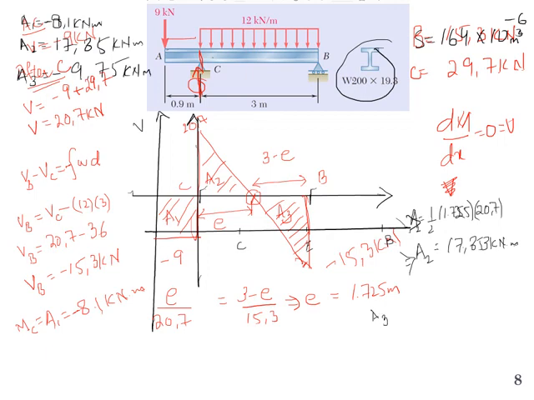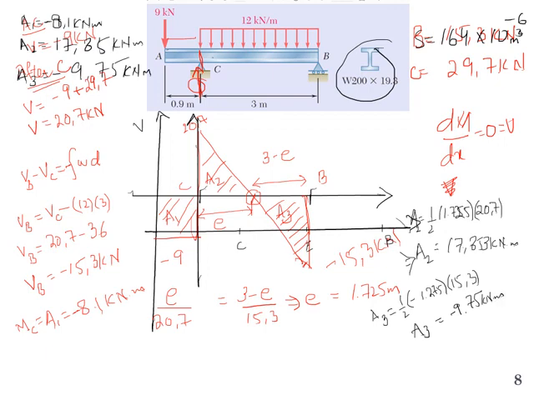So A3 is nothing but 1 by 2, base is 3 minus E, so the value of 3 minus 1.725 is 1.275, and this height is 15.3. And A3 is how much? Minus 9.75 kilonewton meter.